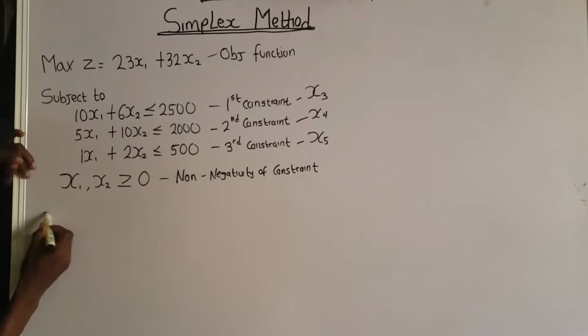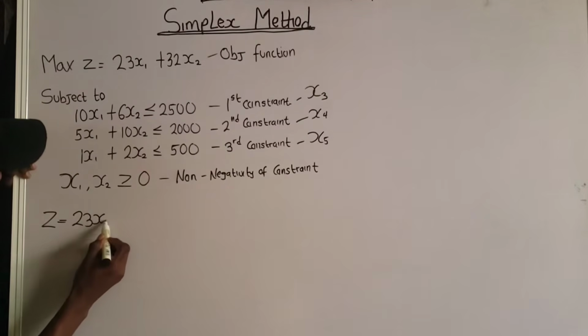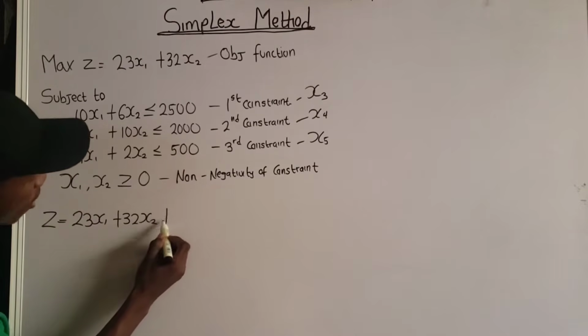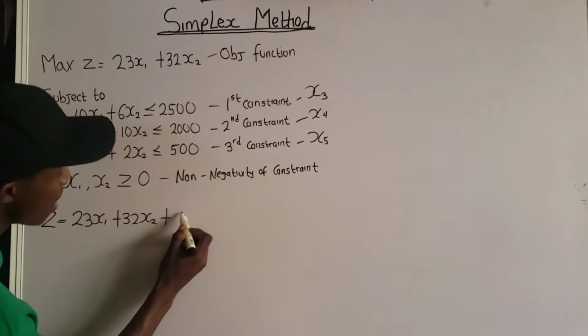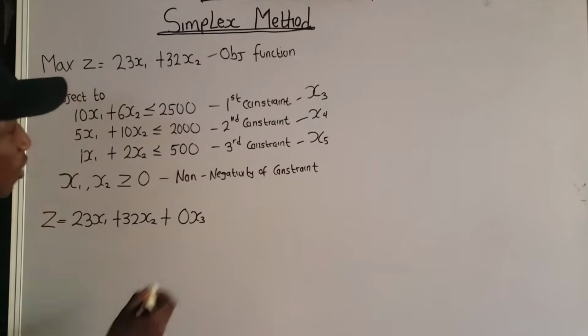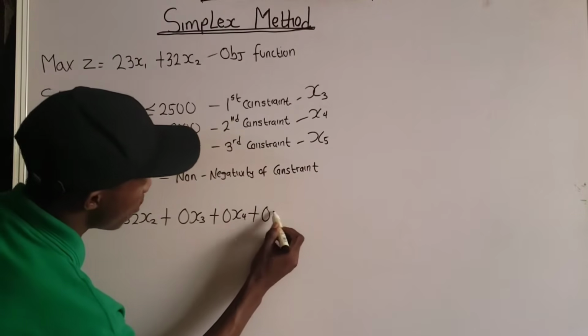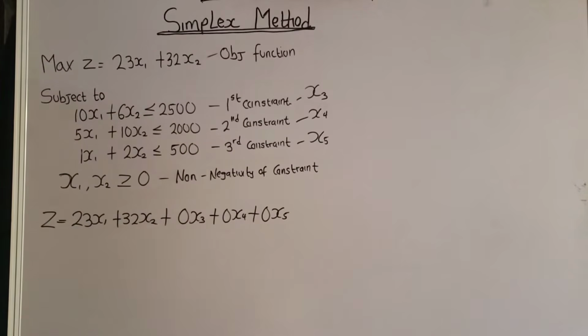So I'm going to have z for objective function. z is equals to what? 23x1 plus 32x2 plus, now these are the slack variable that I want to introduce. So I'm going to have 0x3 plus 0x4 plus 0x5. All the slack variable will take 0 as their coefficient in the objective function.